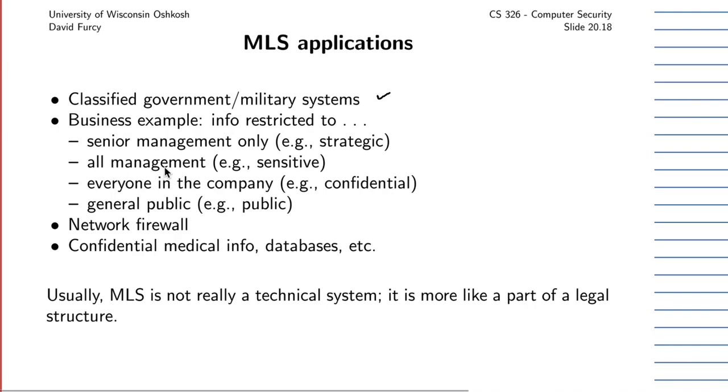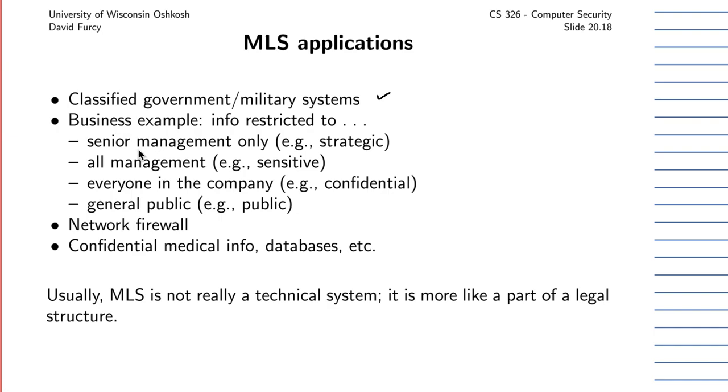And then you could have even more confidential or strategic documents that are only available to senior management. So you can see here this hierarchy of security levels. This is the one listed for the documents, but those labels would apply to the subjects as well, from the general public to the people in the management, the C-suite.